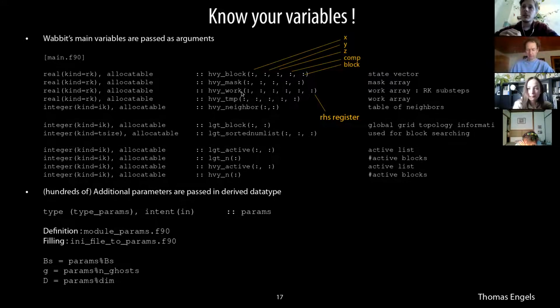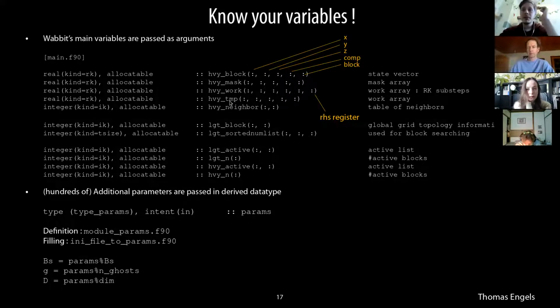This is actually a work array that contains the memory needed for time stepping. It has the same dimension as heavy block, but it has one more, which is the right-hand side register. For example, if you use a Runge-Kutta 4 substep time marching scheme, this last index would run from 1 to 5, where you have the old data and the 4 substeps of the RK4 scheme in there. This is the memory you need for time stepping.